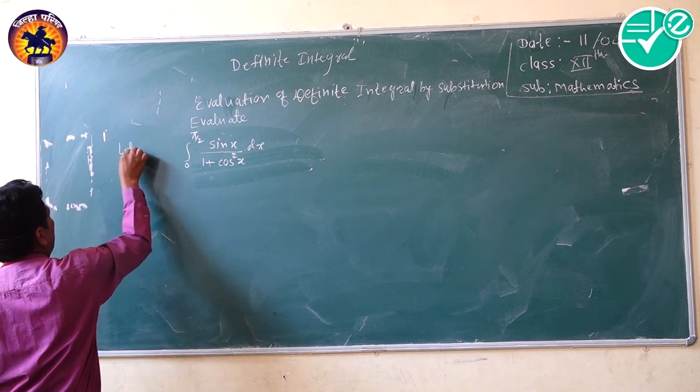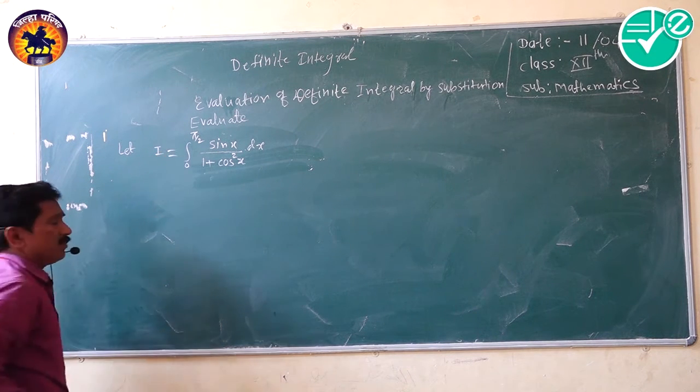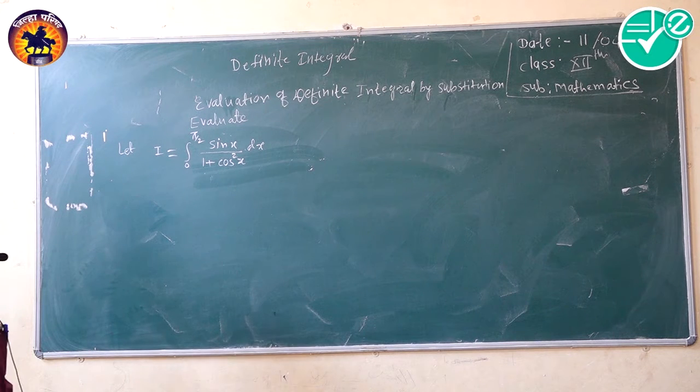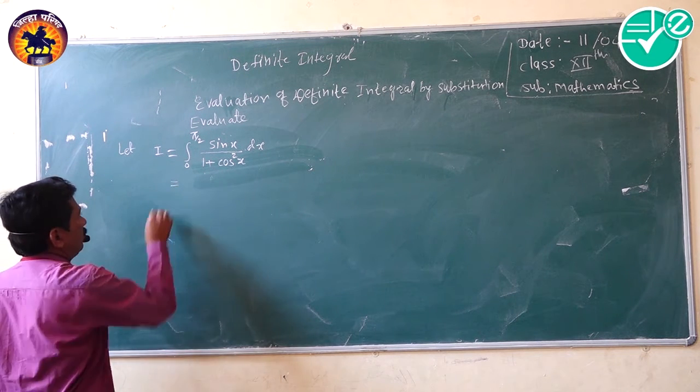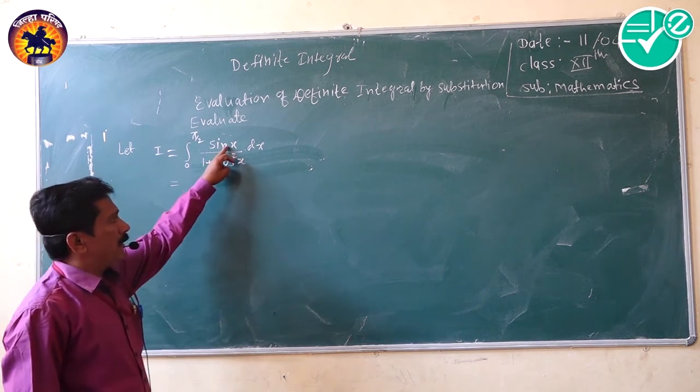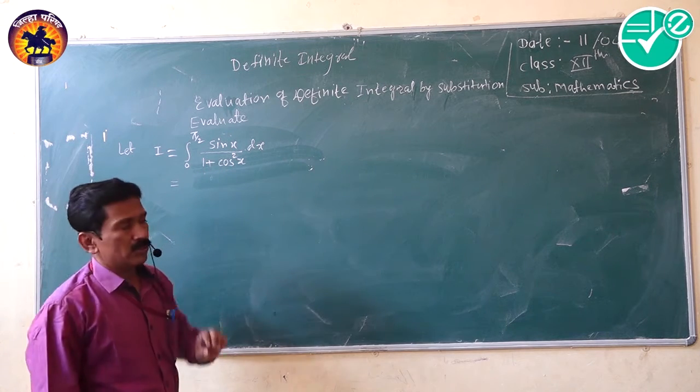Let I is equals to this. Now in the numerator there is sin x, in the denominator 1 plus cos square x.